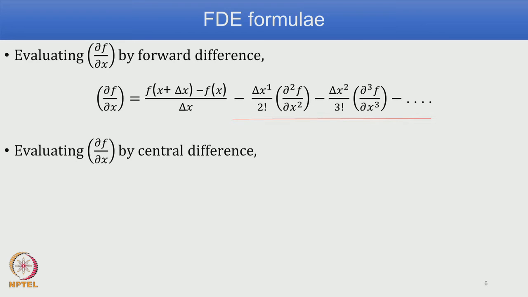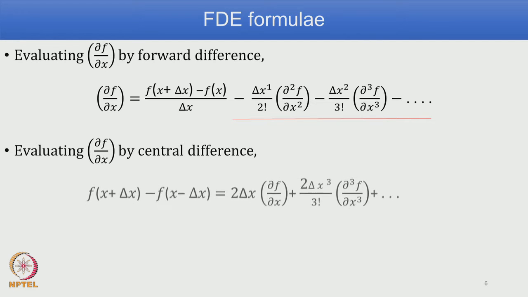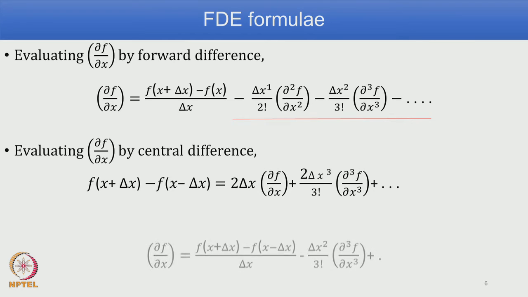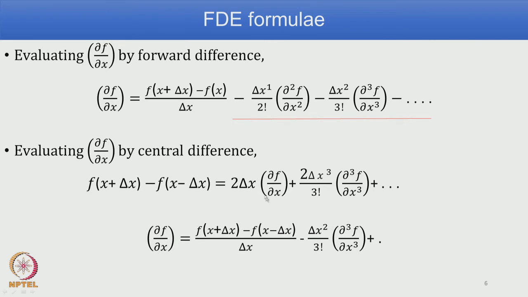We also learnt how to write the same first derivative by the central difference formula, and after simplification, we are interested only in dou f by dou x. So, we rewrite dou f by dou x equal to like this, and you observe this is a leading term which is not considered, and this leading term is of even order, del x squared is of even order, and that results in what is known as a dispersive error.